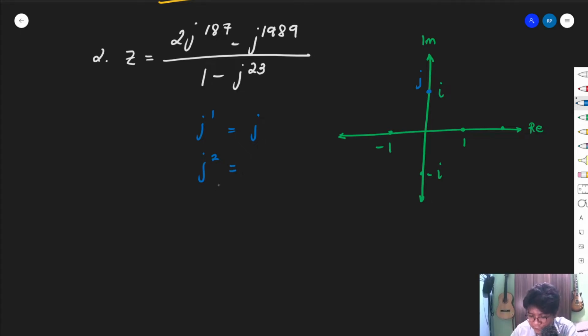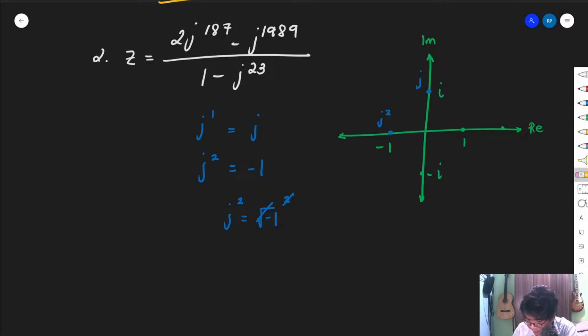Remember that j is equivalent to square root of negative 1. And alam natin na kapag in-square natin to both sides, mawawala yung square root tsaka yung square dun sa kabilang side. Therefore, j squared is equal to negative 1. Diba? So, asan yung negative 1 natin? Ito. This is j squared.